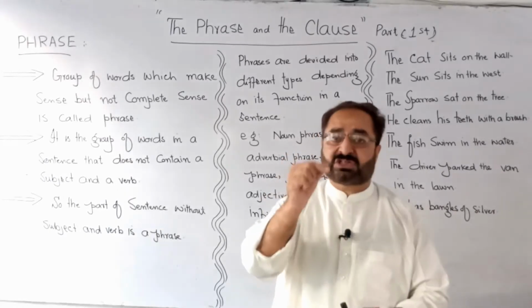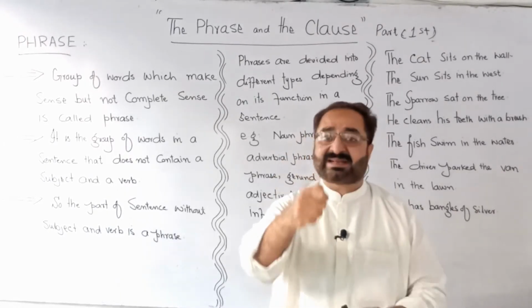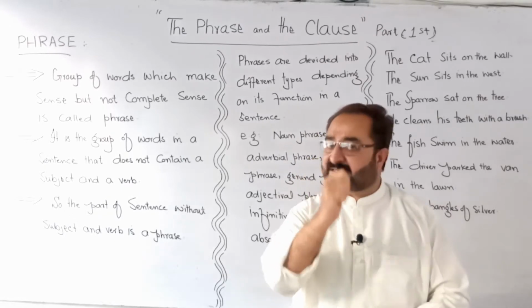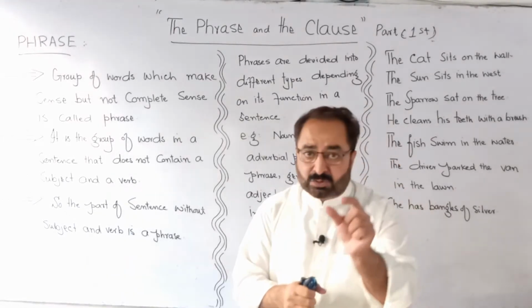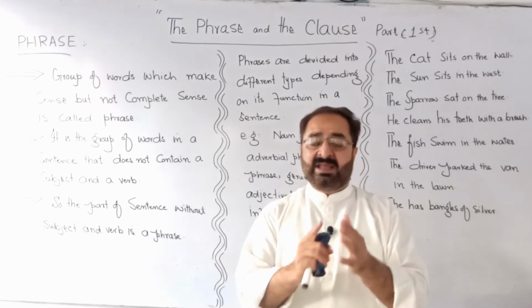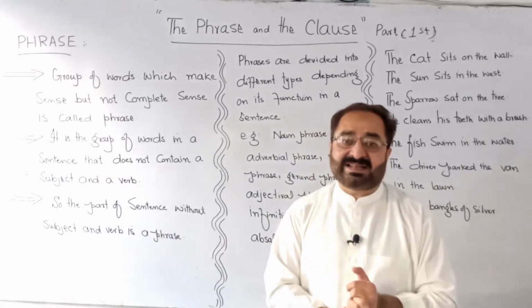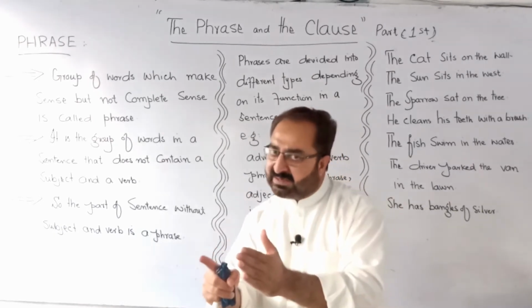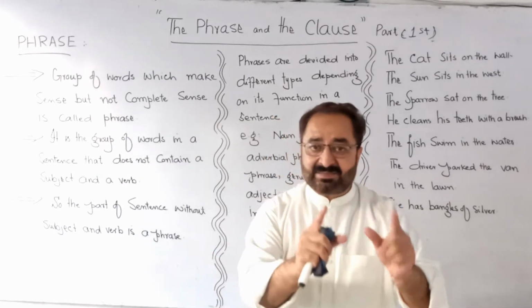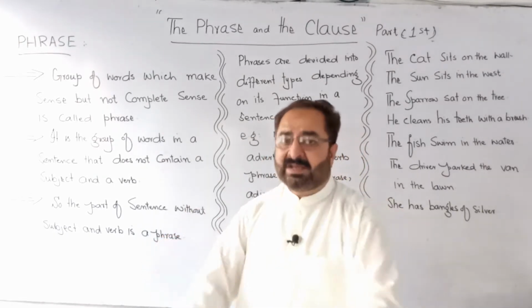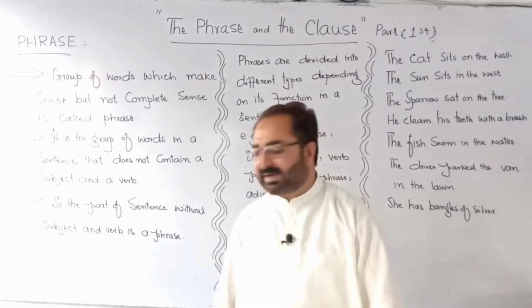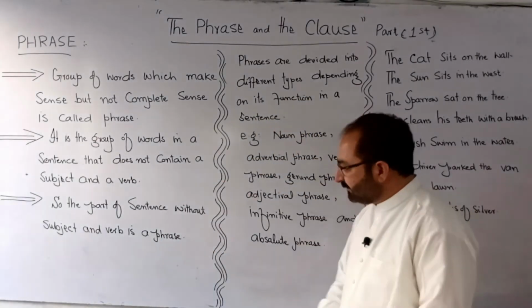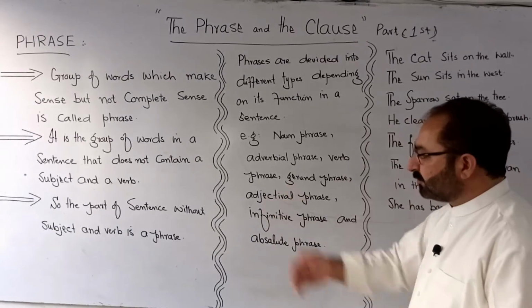They are able to give us a sense, but not a complete sense. And this group of words in a sentence doesn't contain a subject and a verb. So that part of the sentence, that group of words, we say is a phrase.